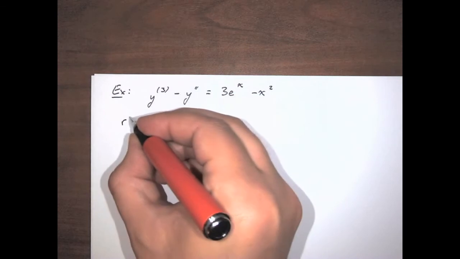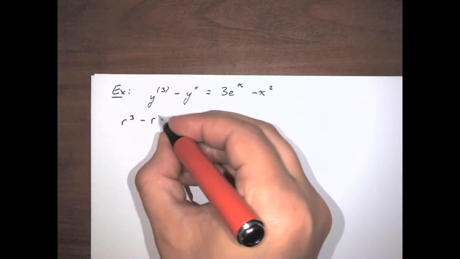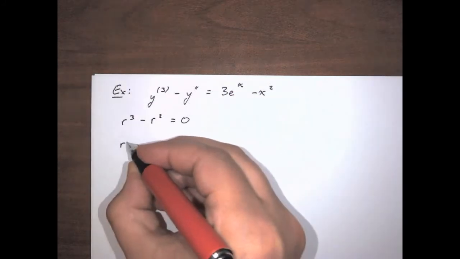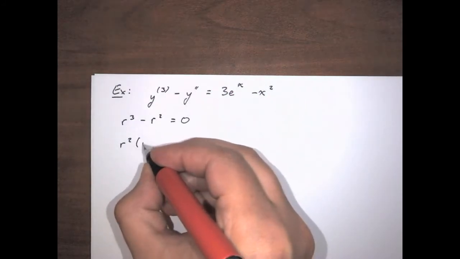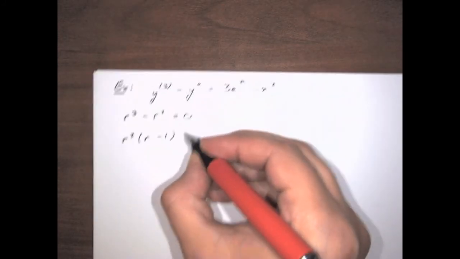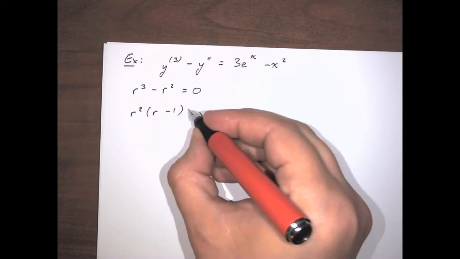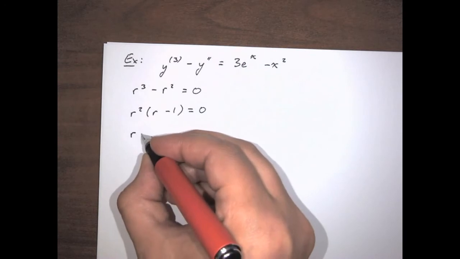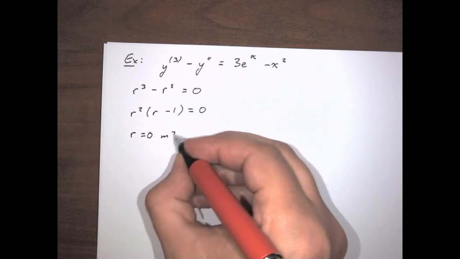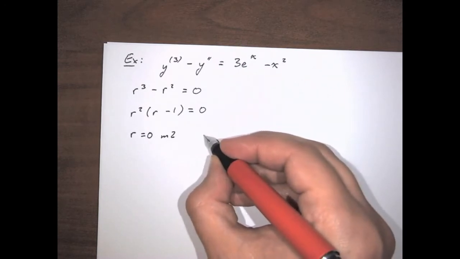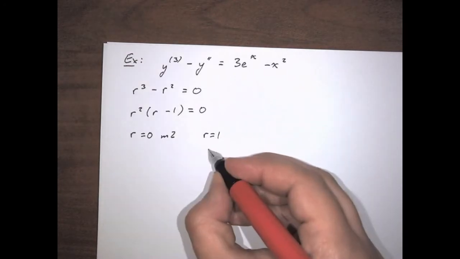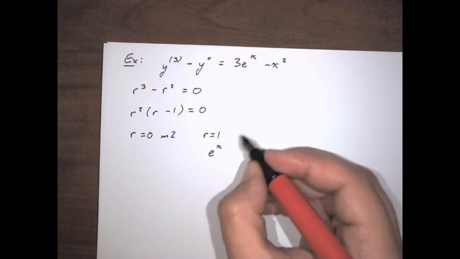Alright, so over here, r cubed minus r squared equals 0 would be the characteristic equation, which means r squared times r minus 1 would be what we would have over here, which means r equals 0 with multiplicity 2, and r equals 1. So this is going to give you e to the x.